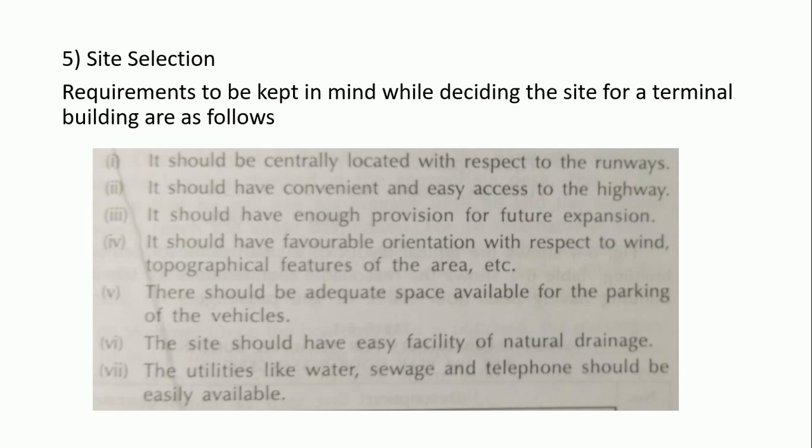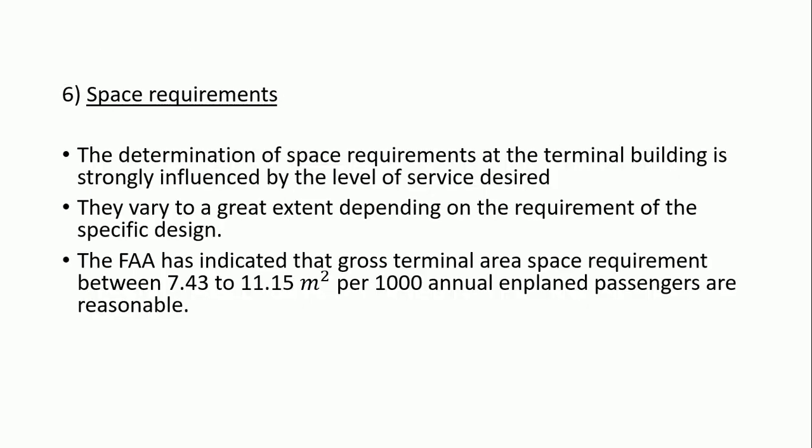It should have a favorable orientation with respect to wind, topographical features of the area, etc. There should be adequate space available for parking of vehicles. The site should have easy facility of natural drainage, and finally, utilities like water, sewage and telephone should be easily available.